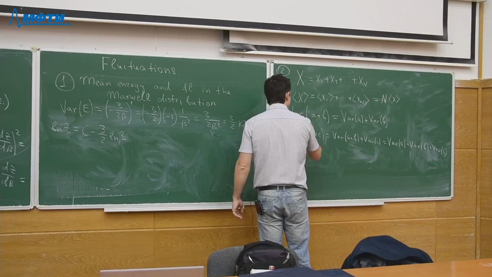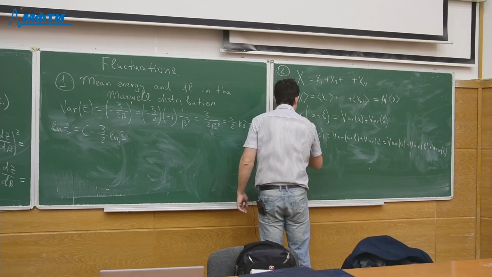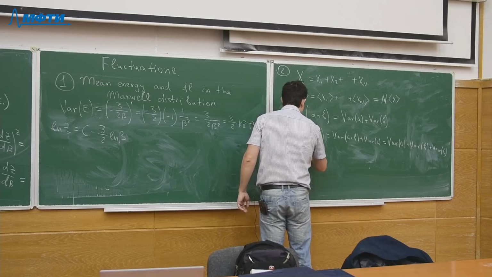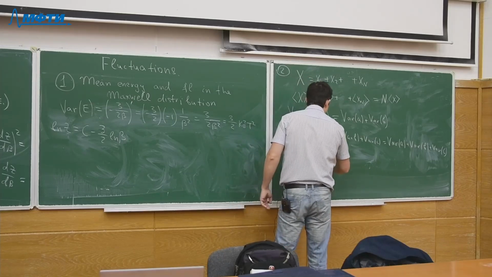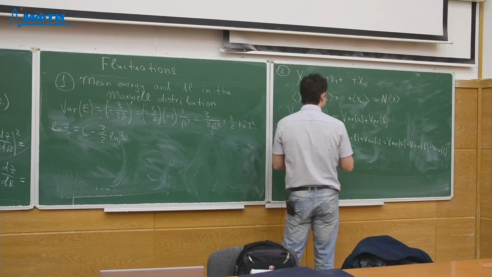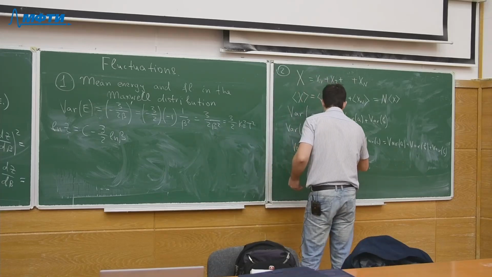So if I apply this rule to the macroscopic quantity X, that gives me that the variance of X equals n times the variance of a single quantity, the variance of small x.